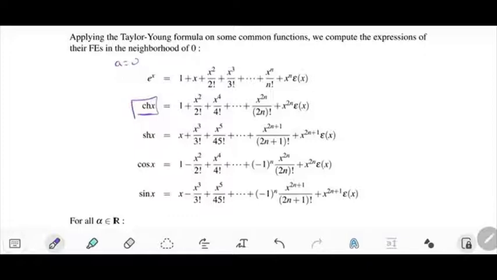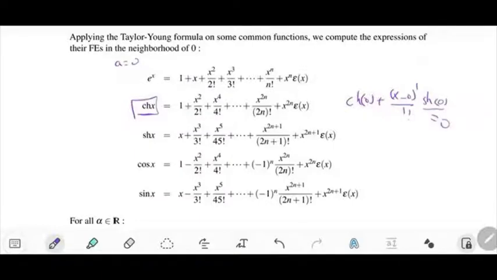So it will be f of 0 first, so it's 1, ch of 0 is 1, plus you have (x minus 0)^1 over factorial 1 times the derivative of ch, which is sh at the point 0, so this is equal to 0.